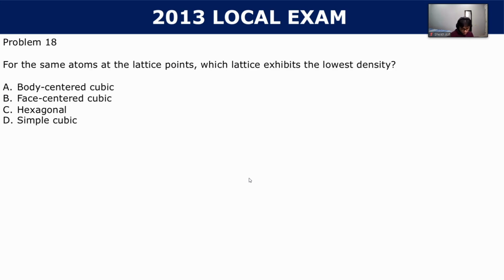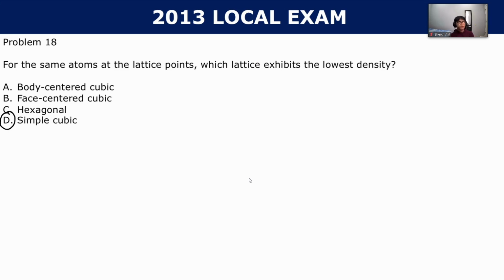Let's move on to the last question of the local exam. For the same atoms at the lattice points, which lattice exhibits the lowest density? So if you remember back to your common lattice unit cells, the one that's going to provide the lowest density is going to be your simple cubic one.